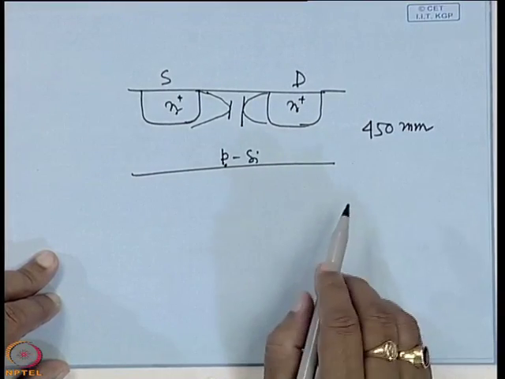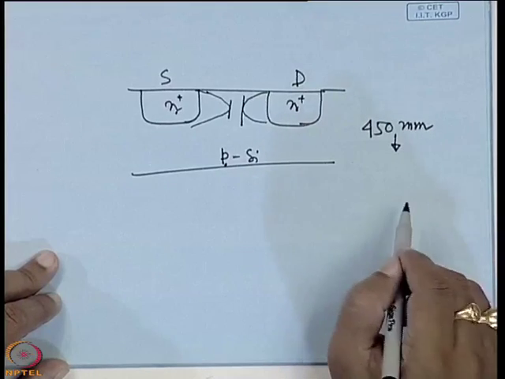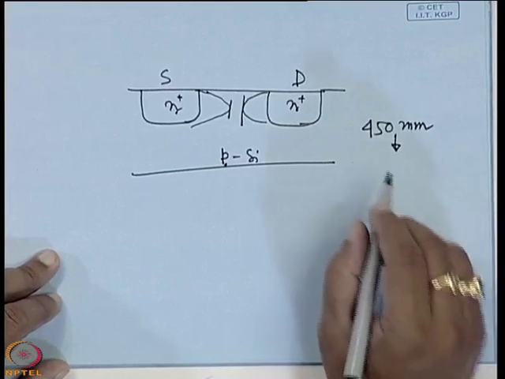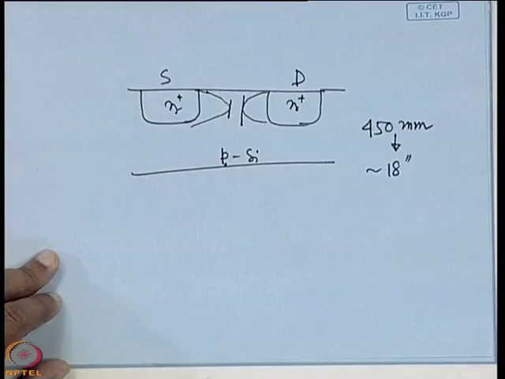What is its dimension in inch? It is almost 18 inch. So, 18 inch diameter silicon will be used as per the prediction of the ITRS for 2018 IC technology fabrication.